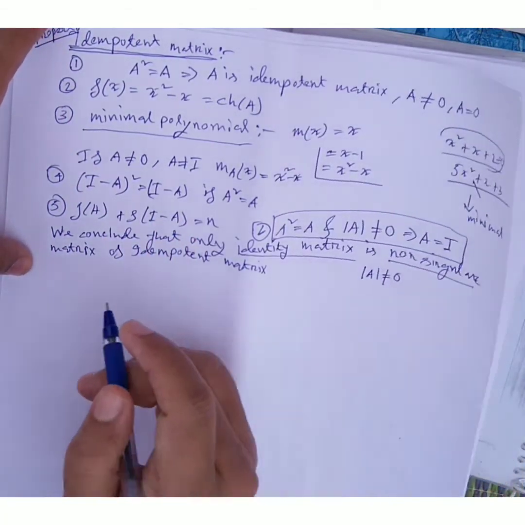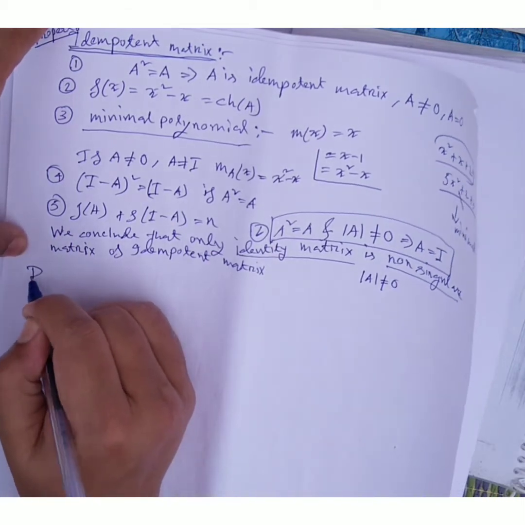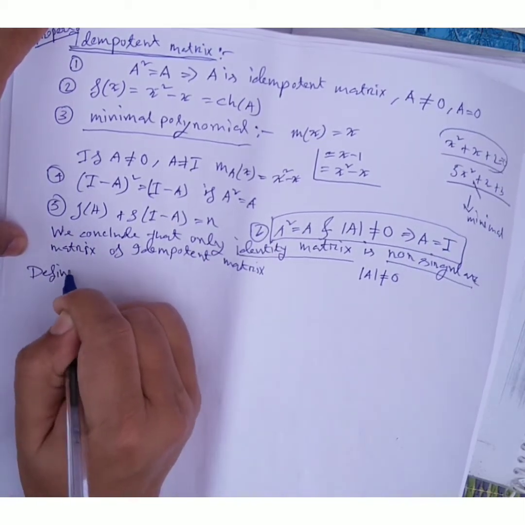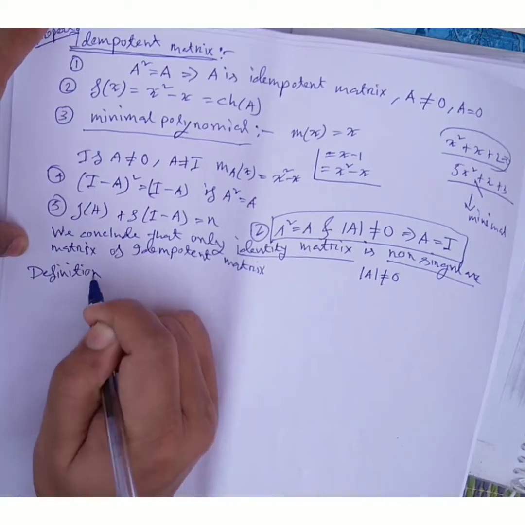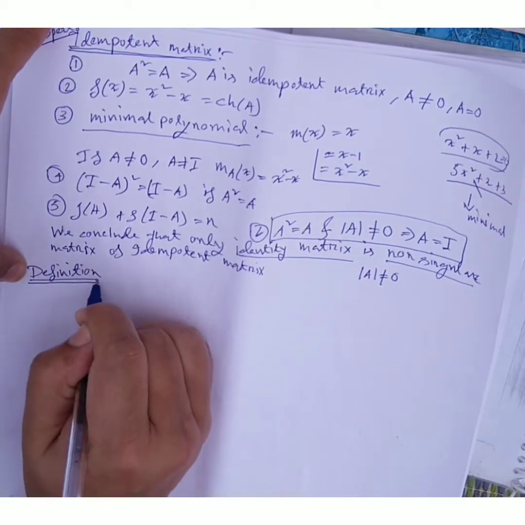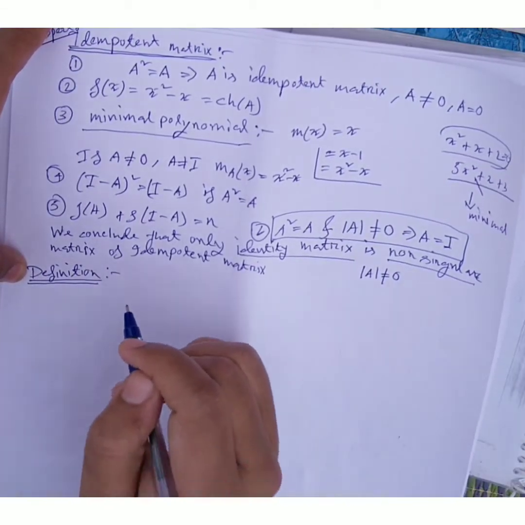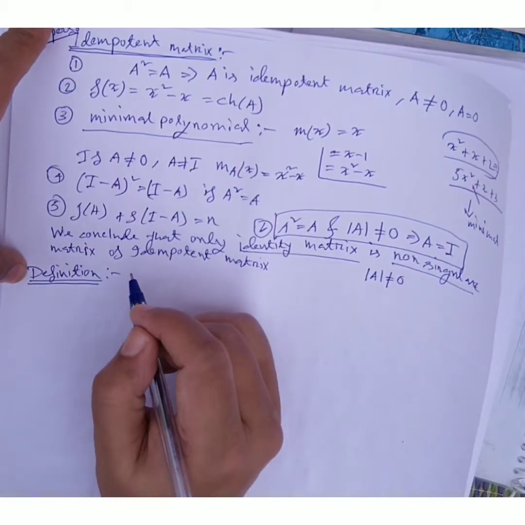Now I will go to the definition of similar matrix, because I am going to diagonalization. My discussion is diagonalization, so before diagonalization you have to know similar matrix.